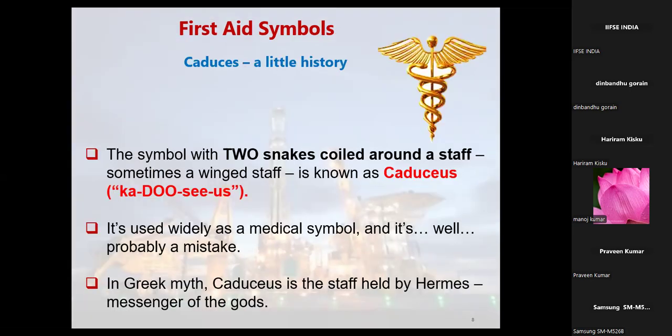So now coming to the first aid boxes. How many types of first aid box can there be? Three types, sir. Type A, type B, type C. Type A is for 1 to 25 manpower.